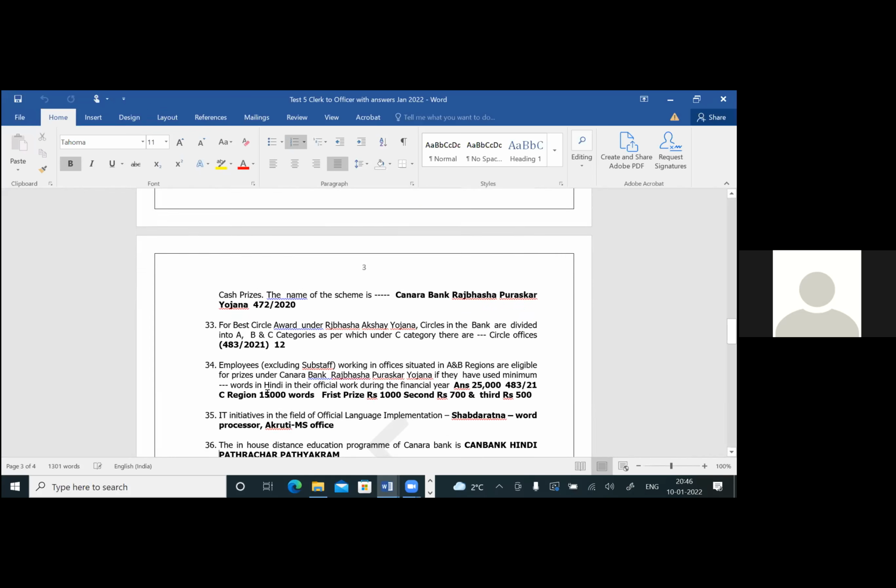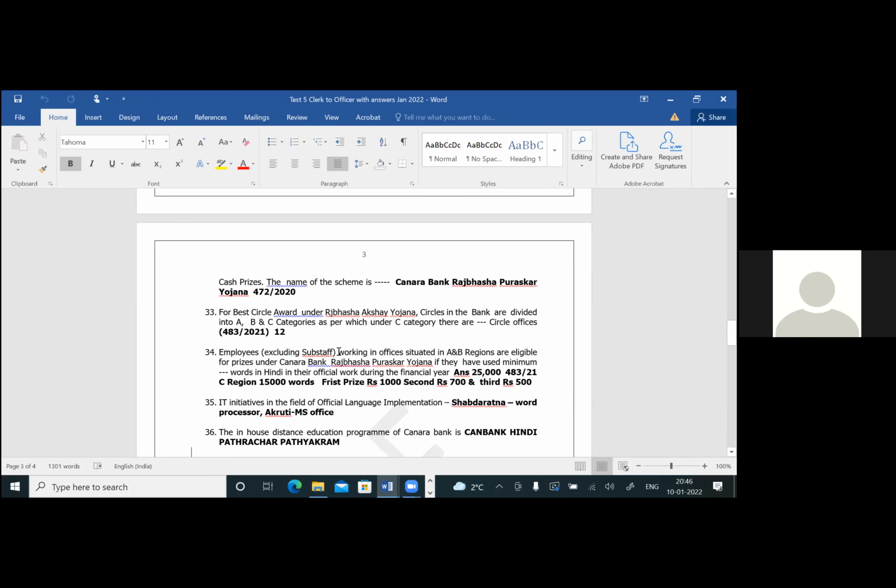Question number 34. Employees, excluding substaff, working in offices situated in A and B regions are eligible for prizes under Canara Bank Rajbhasha Puraskar Yojana. What is this scheme? It is to motivate the employees. Substaff are not eligible. They are eligible if they have used a minimum of 25,000 words in Hindi in their official work during the financial year.